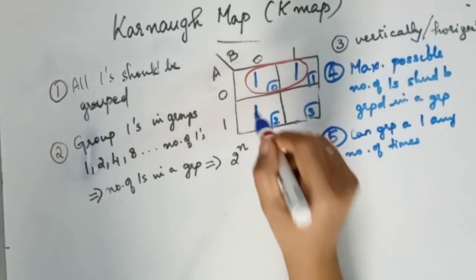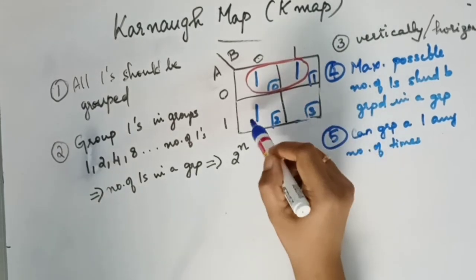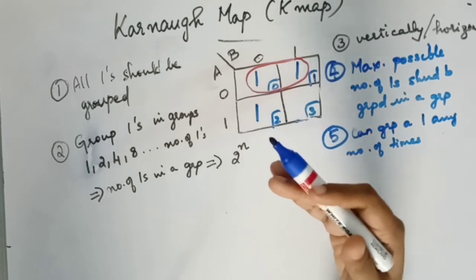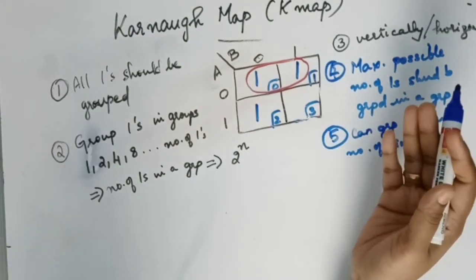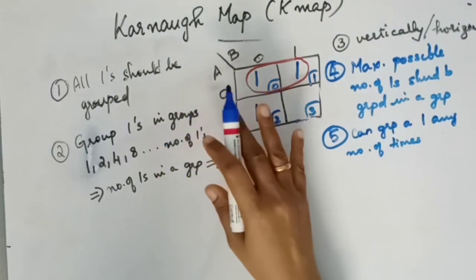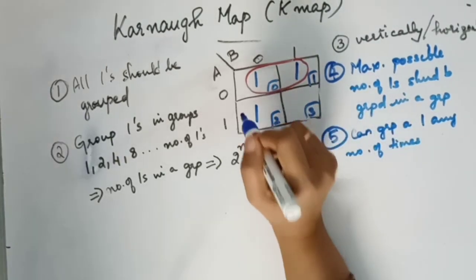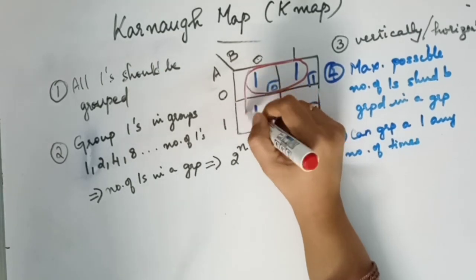Okay, so in this case, this particular one is alone. Okay, so if I group it alone, then it will not be simplified as such. So the expression will be simplified further only if it is grouped with maximum number of ones. So it is better to group it with this one than keep it single.